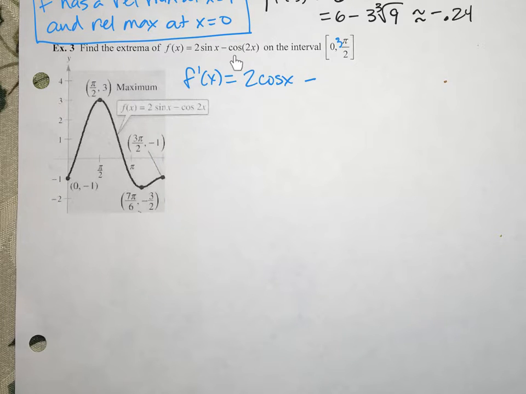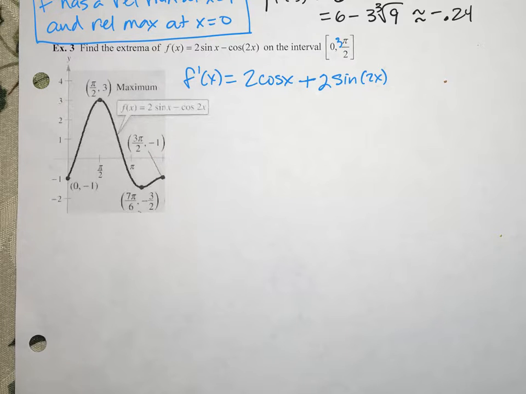So take the derivative of the outside. The derivative of the cosine of something is negative sine of that something. So I'm going to change this negative sign to a plus sign because we're now subtracting a negative. So it'd be a negative sine 2x times the derivative of the inside. Well, the derivative of the inside is 2, so I'm going to put that out front.